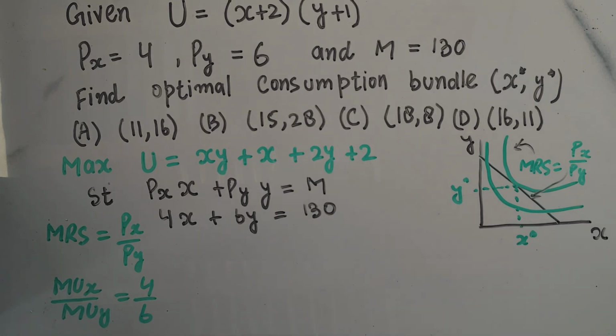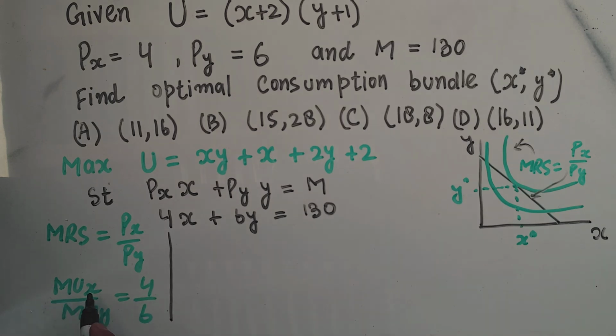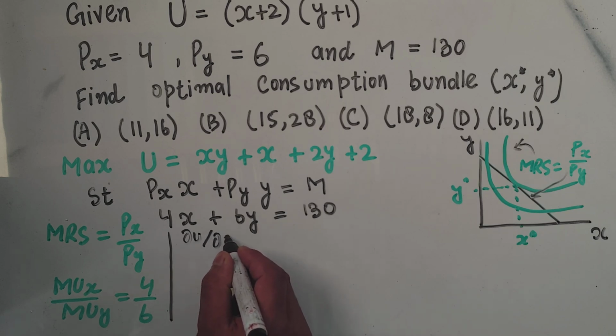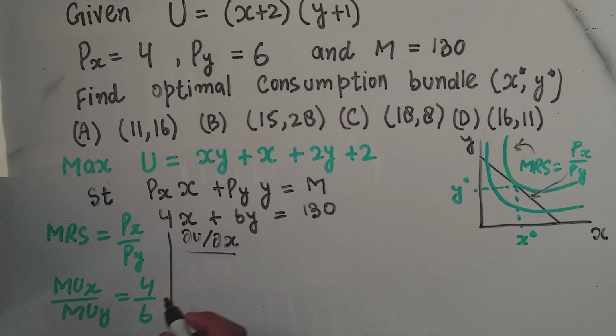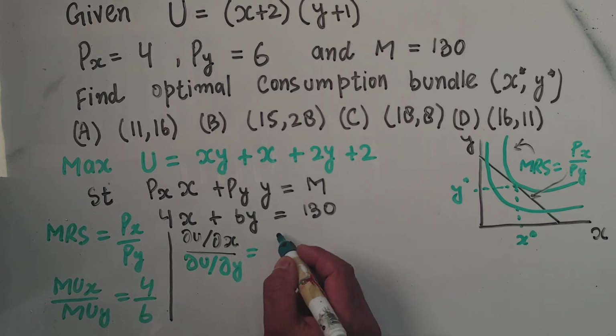Now MUx, that is marginal utility of good x, means the change in the utility due to the change in the consumption of good x, divided by marginal utility of good y, means the change in the total utility due to the change in the consumption of good y. It should be equal to 4 upon 6, which is 2 upon 3.